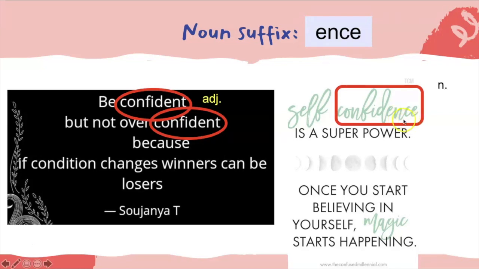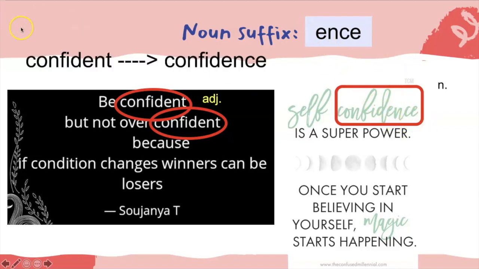Looking at the sentence, self-confidence is a superpower, it is something. Therefore, it should be a thing too. That's why it is a noun. Looking at the two words, you will see the noun suffix here is ence. So we change confident into confidence.